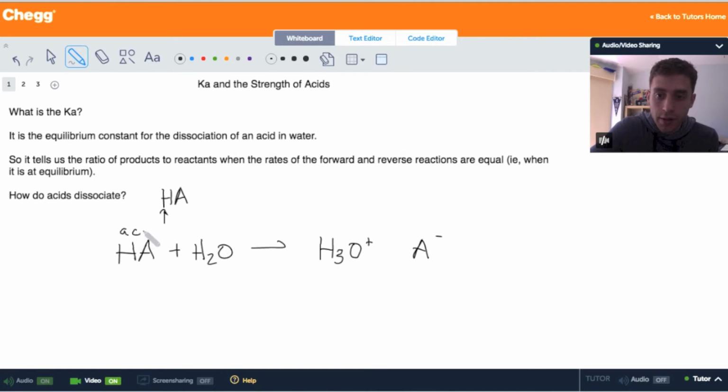So here's your acid, here's your conjugate base, and your H3O plus that's formed is essentially H plus, which is responsible for acidity.